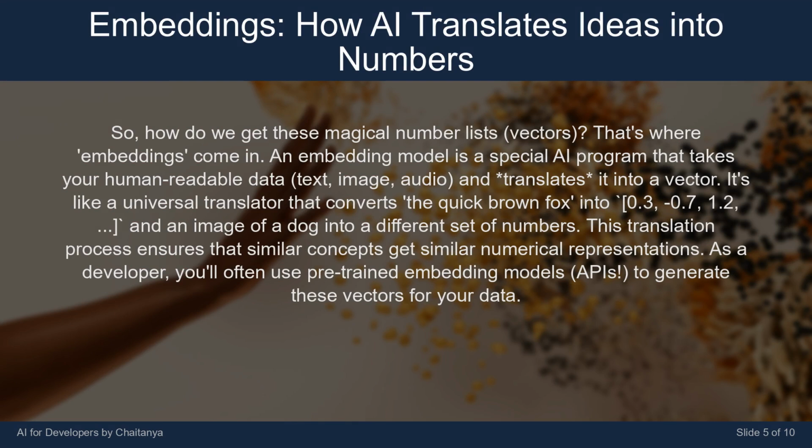Vectors. That's where embeddings come in. An embedding model is a special AI program that takes your human-readable data, text, image, audio, and translates it into a vector. It's like a universal translator that converts the quick brown fox into 0.3, -0.7, 1.2, and an image of a dog into a different set of numbers.